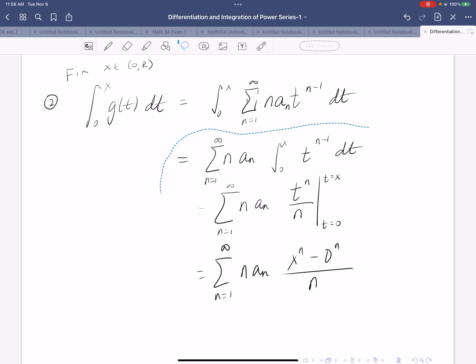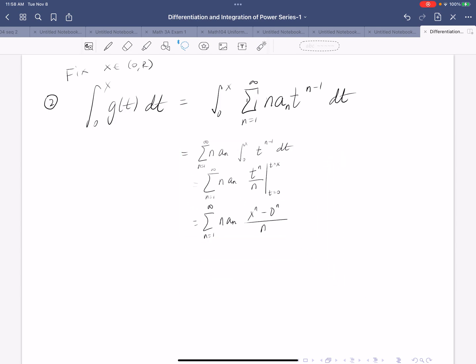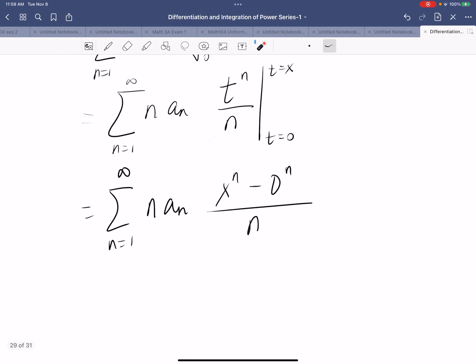And now I do need to be careful because, wait, let's see, do I need to be careful? No, I don't think I do. If n is equal to 1, then I've got 0 to the 1, so that'll be 0. And n is going to be 1 or bigger, so 0 to the n is always going to be equal to 0.